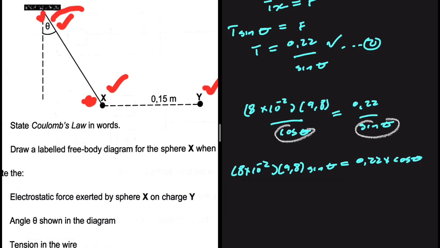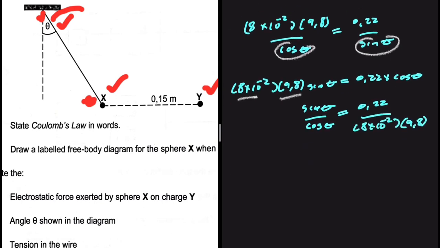After dividing both sides by cos of theta, I'm dividing both sides by 8 times 10 to the minus 2 multiplied by 9.8. If I do that, I'm going to have something that looks like the following. Sine of theta divided by cos of theta is equal to 0.22 divided by 8 times 10 to the minus 2 multiplied by 9.8. Sine of theta divided by cos of theta will become tan of theta.